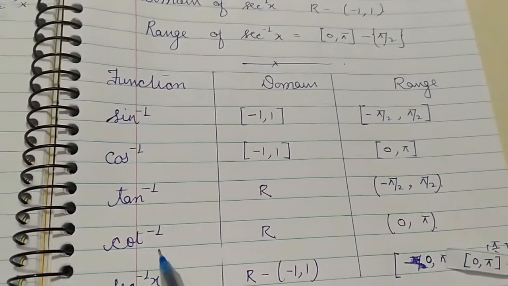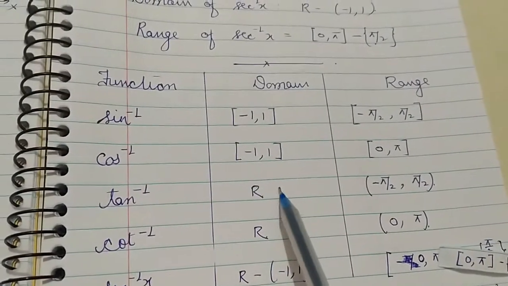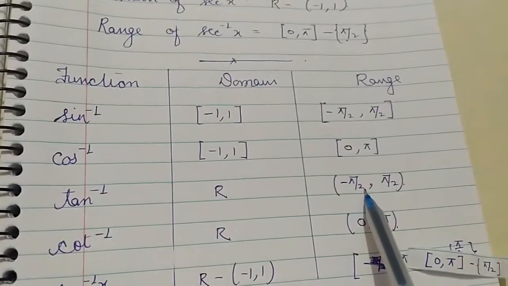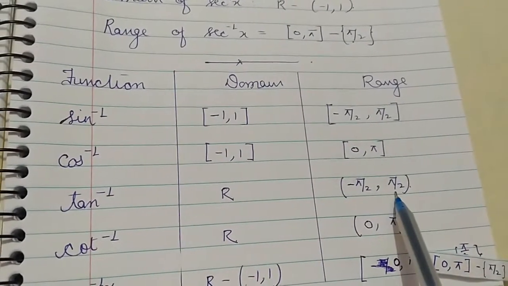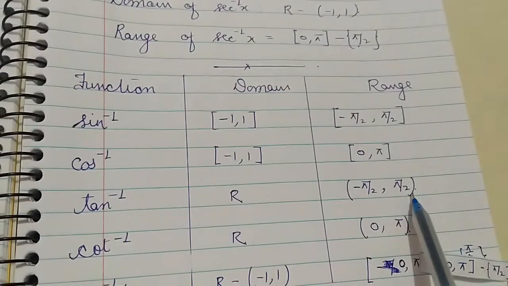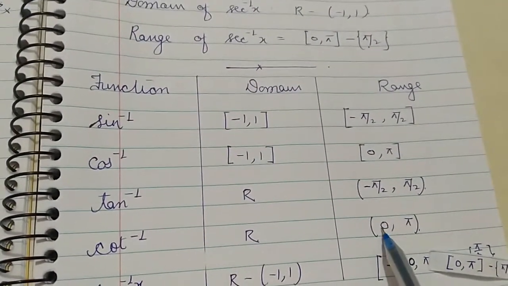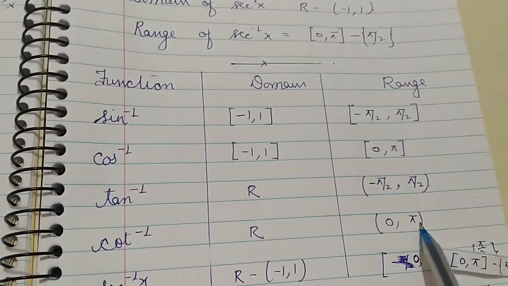What about tan inverse and cot inverse? The domain for both the functions is the set of real numbers, and the range of tan inverse x is minus pi by 2 to pi by 2 in an open interval, and for cot inverse x, the range is 0 to pi in an open interval.